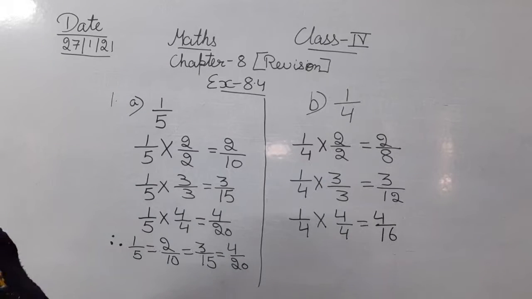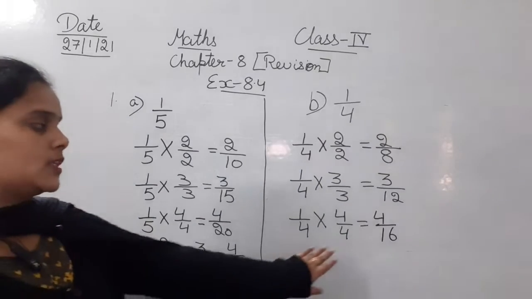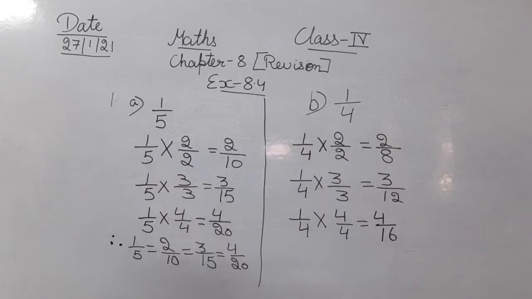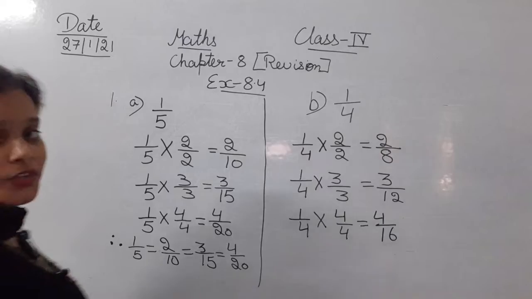So the third equivalent fraction to 1 upon 4 is 4 upon 16. Okay, so these three are the three equivalent fractions.